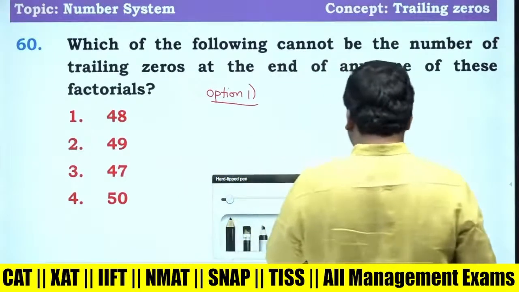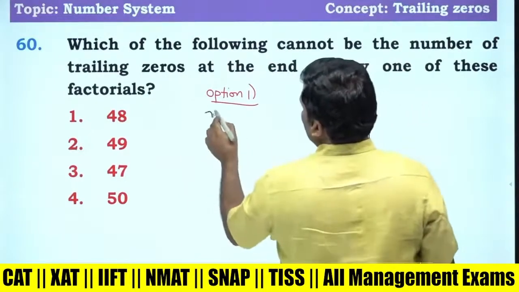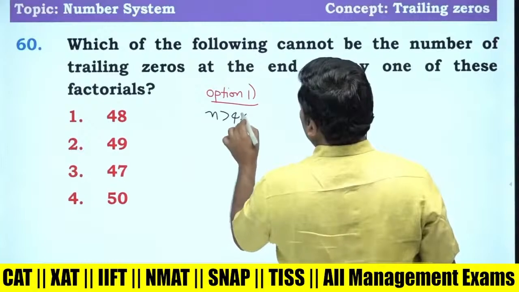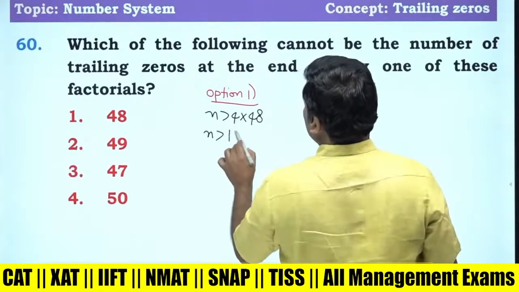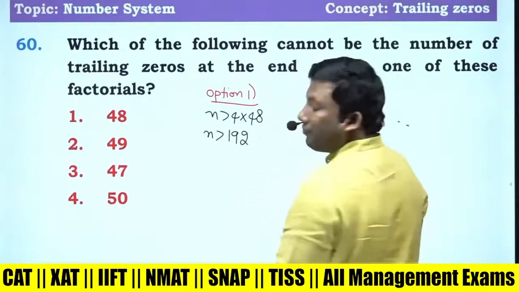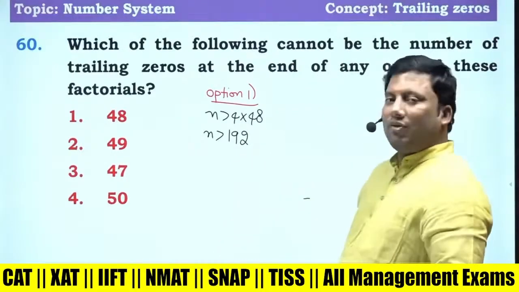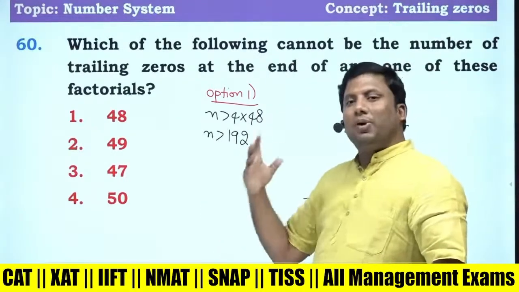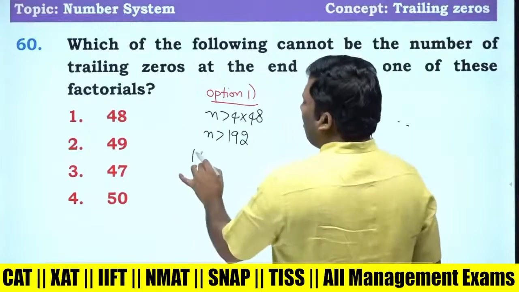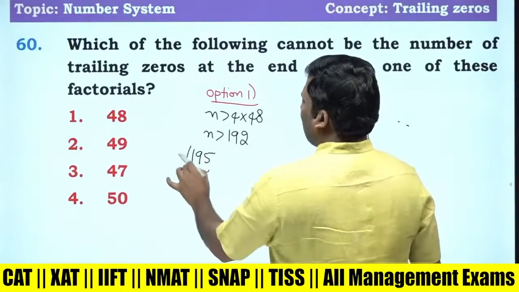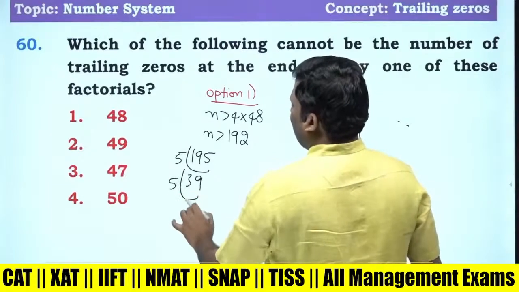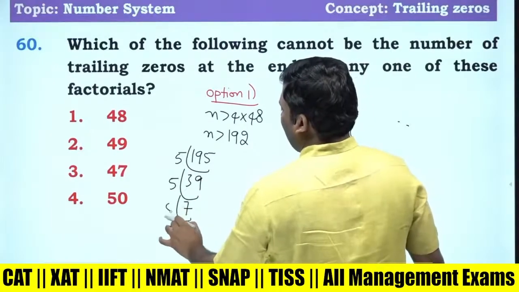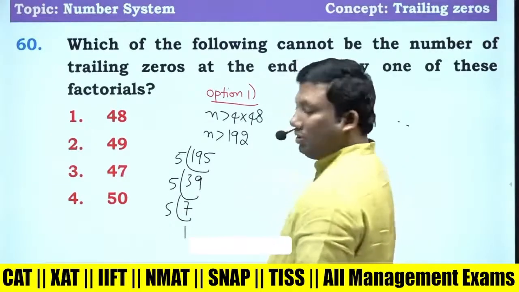What is option 1? 48. N is greater than 4x, 4 into 48, so N is greater than 192. What is the multiple of 5 greater than 192? 195. So this will be 39 plus 6 plus 1.